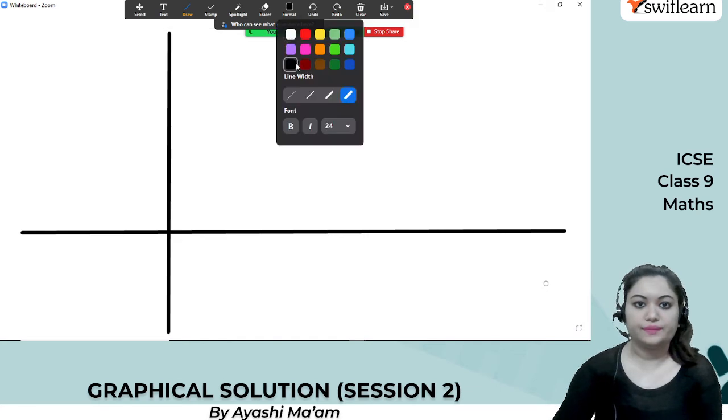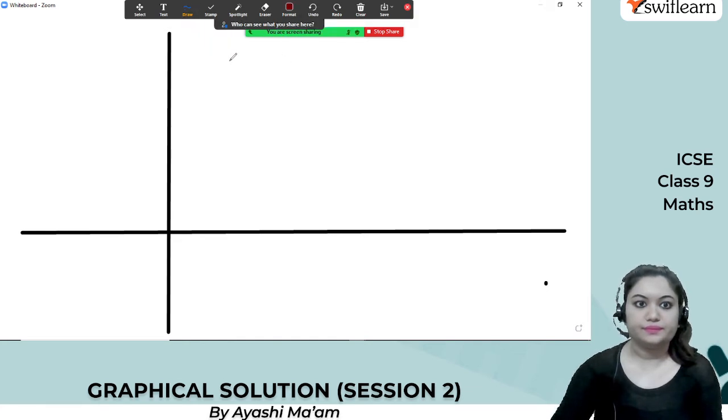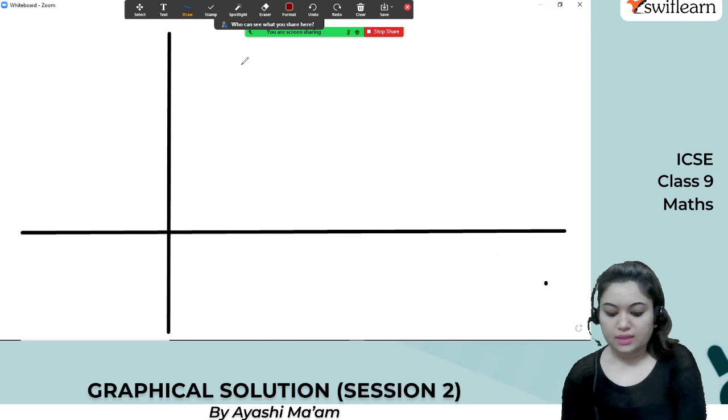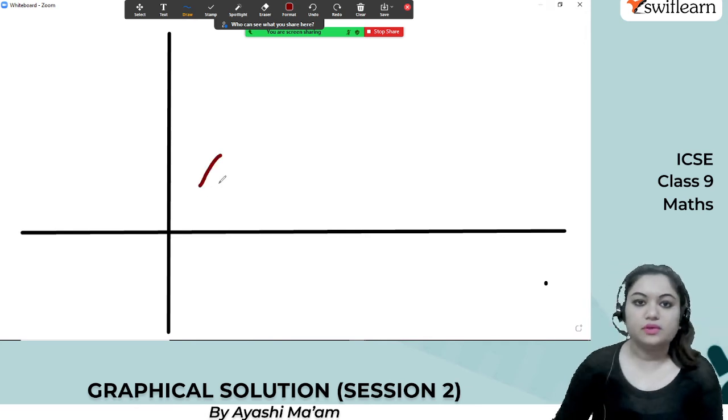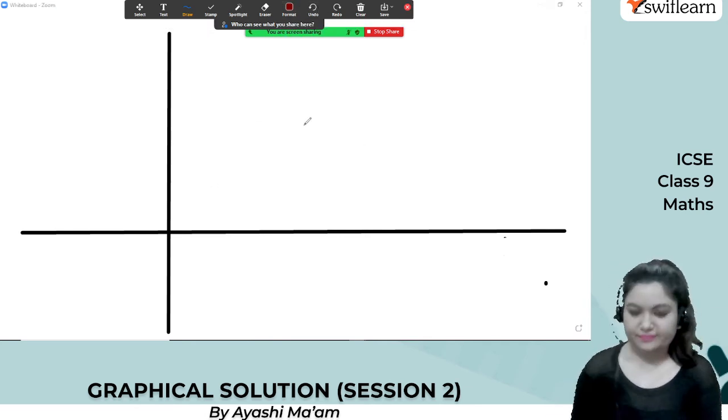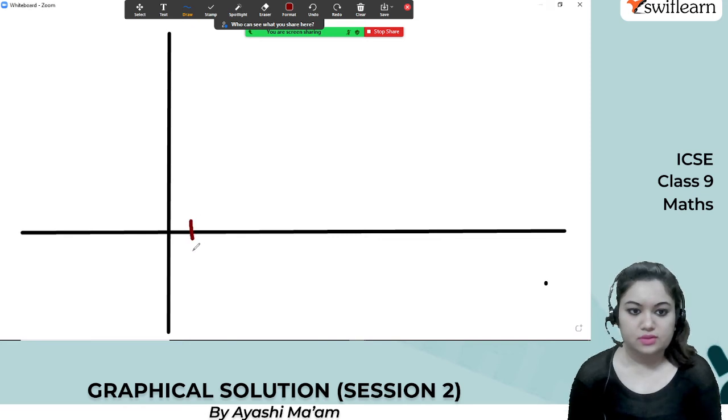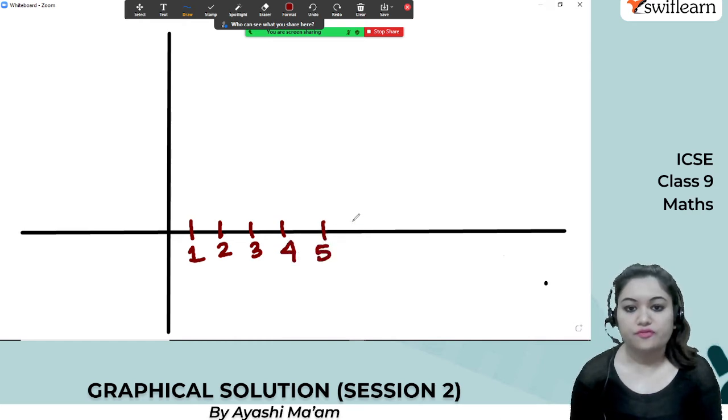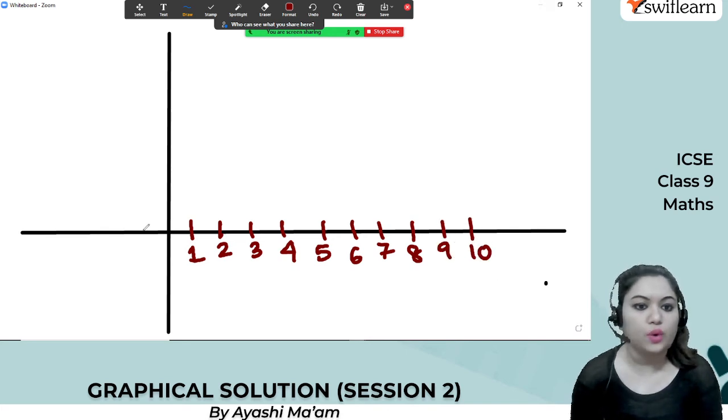Now let us simply plot these points on the graph. Here on the x-axis we have 1, 2, 3, 4, 5, 6, 7, 8, 9, 10, and so on.